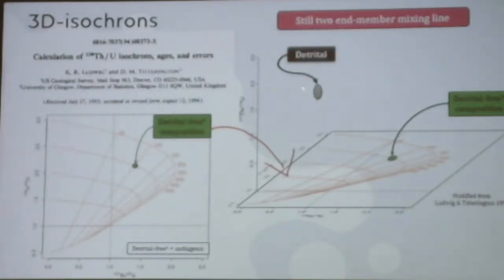The detrital composition is somewhere above these planes. Sorry, this is 0, so this is the detrital-free, and the higher you go, the more detrital material there is. So this is the authigenic composition, the detrital-free composition. This is the detrital composition, and if you have coeval samples, they will form, again, a mixing line between these two phases, and then it's just a matter of getting a three-dimensional regression.